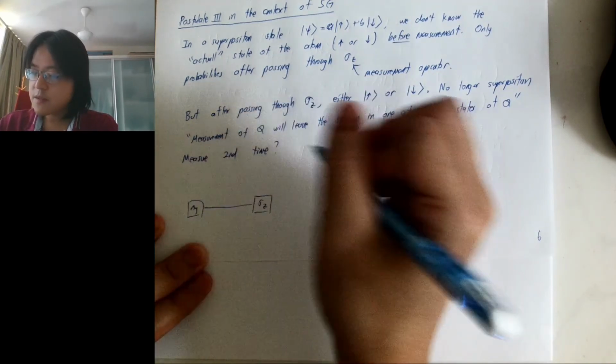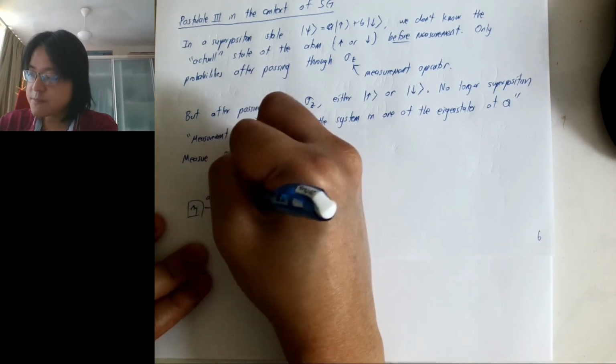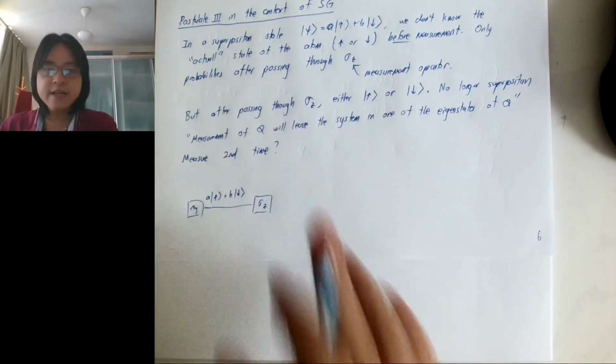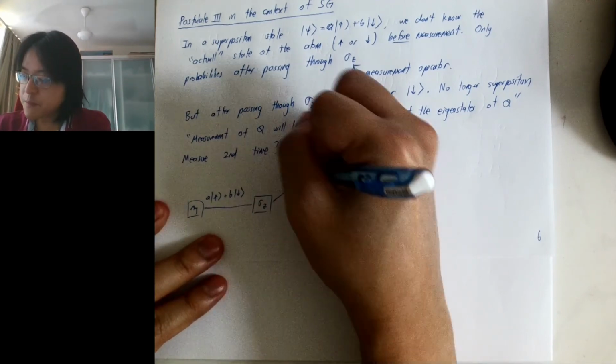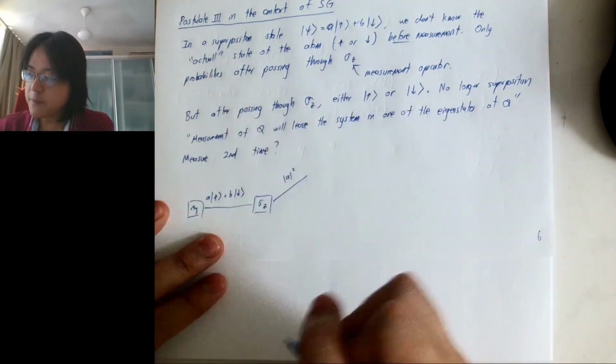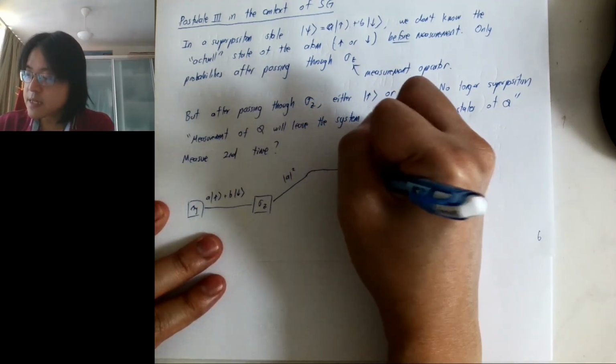So let's say I take an oven, and it passes through measurement. So let's say I have some distribution of up, some distribution of down. We don't know, it is a superposition state. So this proportion of the atoms will come here. So let me channel this beam and measure it a second time.